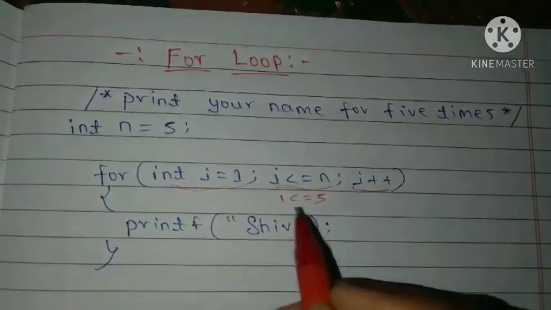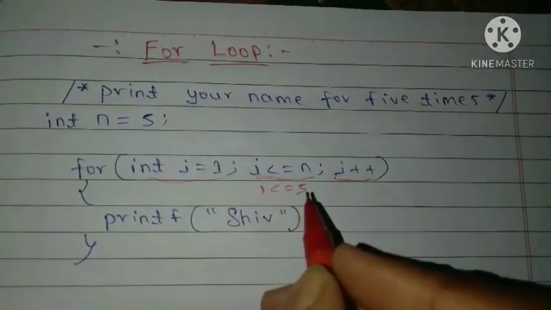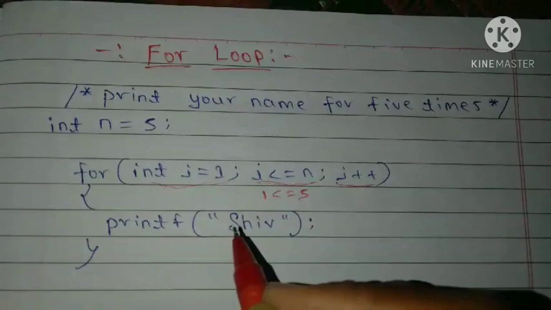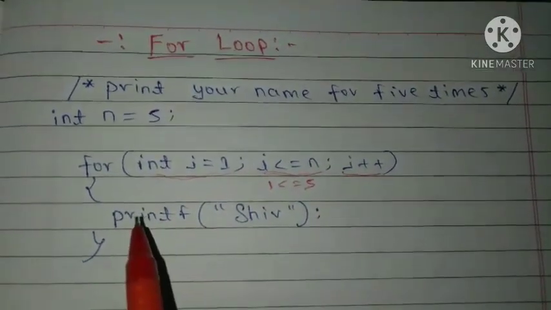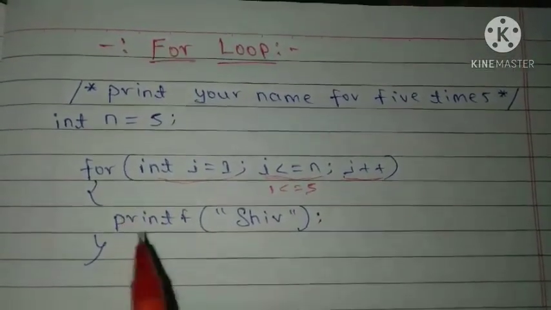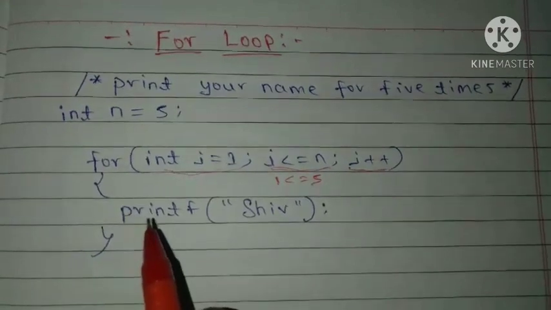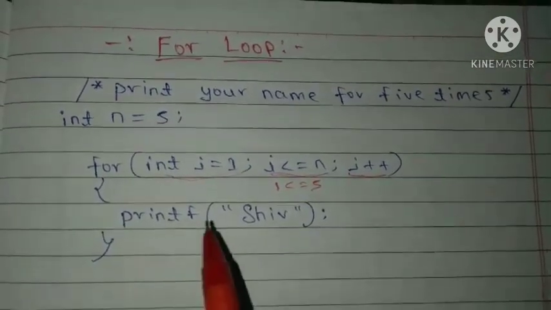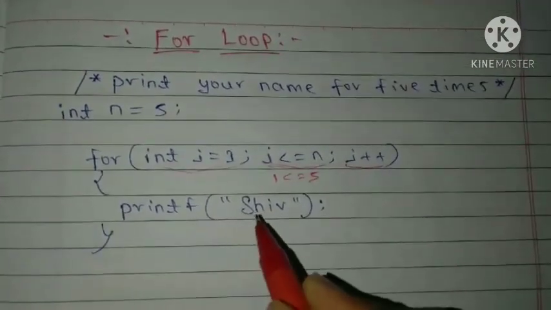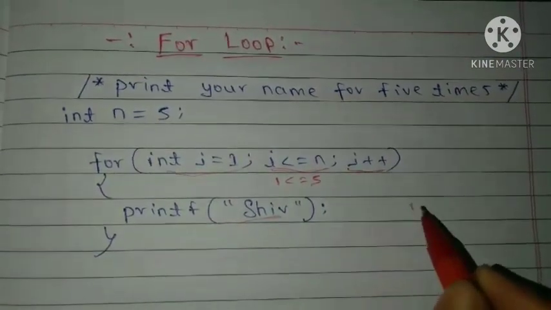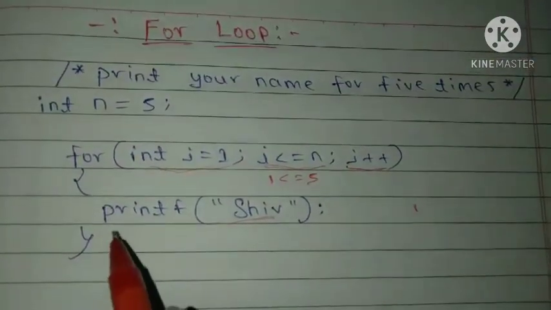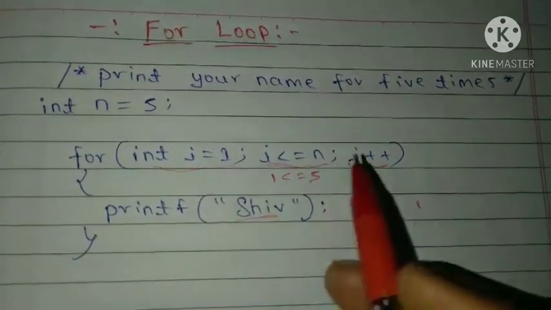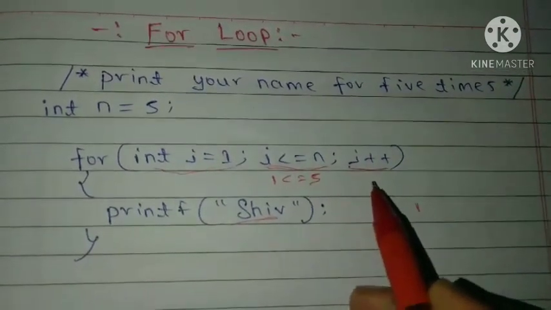Yes, the condition is true. If the condition is true, then control comes into the for loop and executes its statements. Here there is only one statement, that is printf shiv.